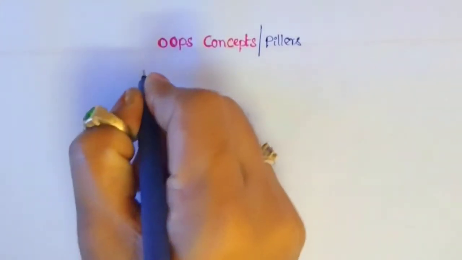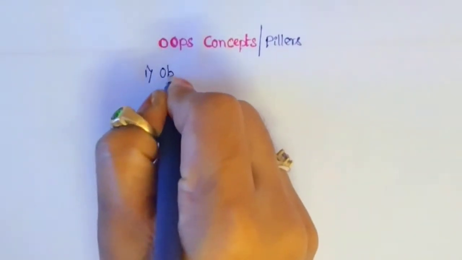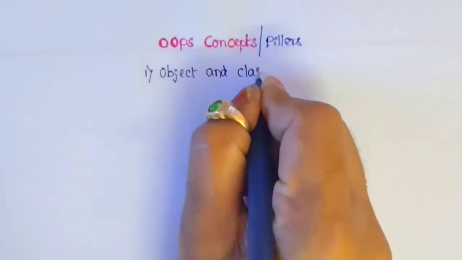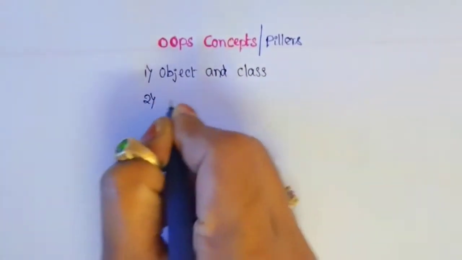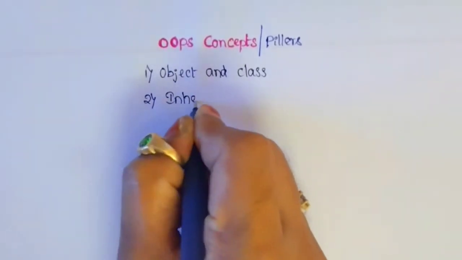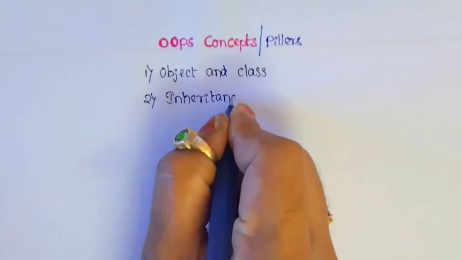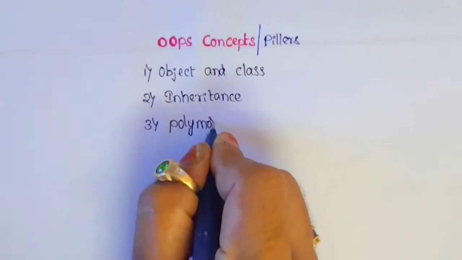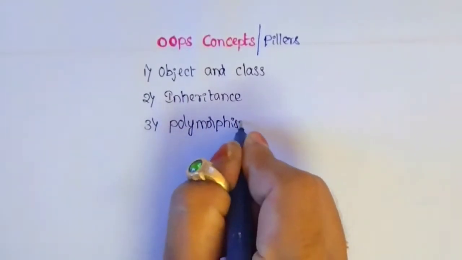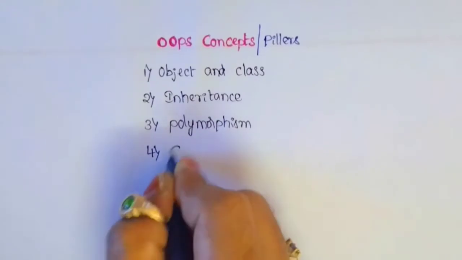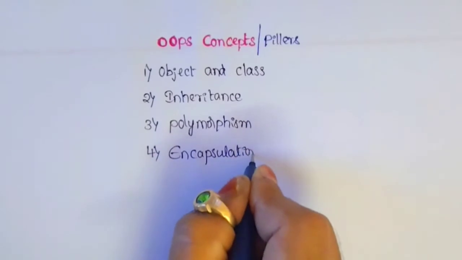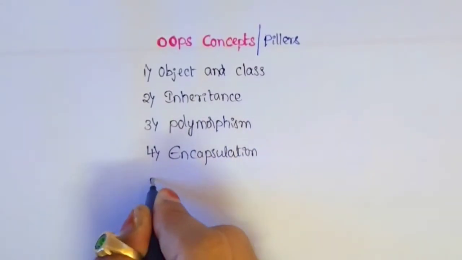Let's see what those are: object and class, inheritance, polymorphism, encapsulation, abstraction.